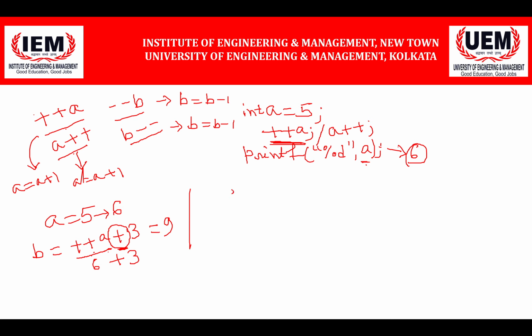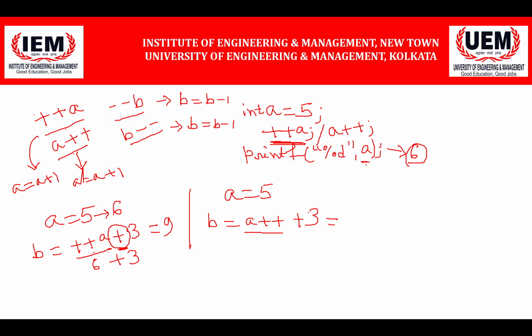Now suppose A equal to 5. Fine. And I write B equal to A plus plus plus 3. A plus plus means post increment.